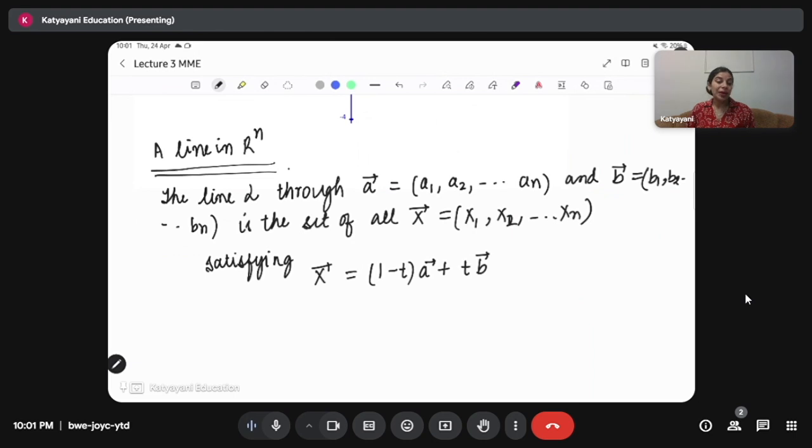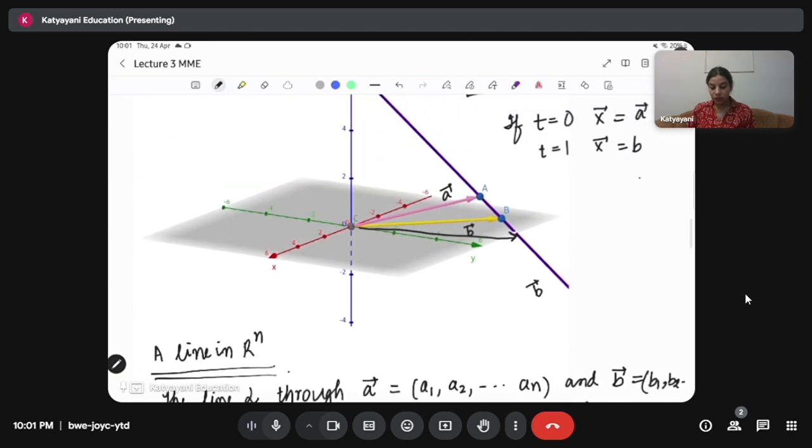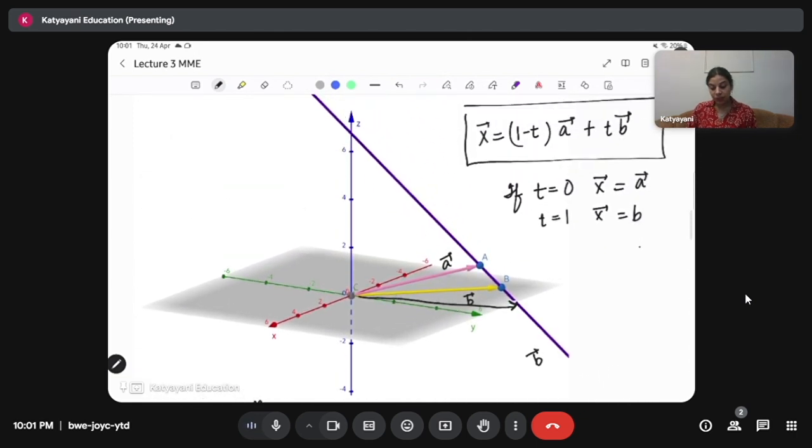The x vector has to be 1 minus t times a plus t times b, and this is for any real number t. So you can visualize it here. When t was 0, I was on the vector A. When t was 1, my x was nothing but my vector b.